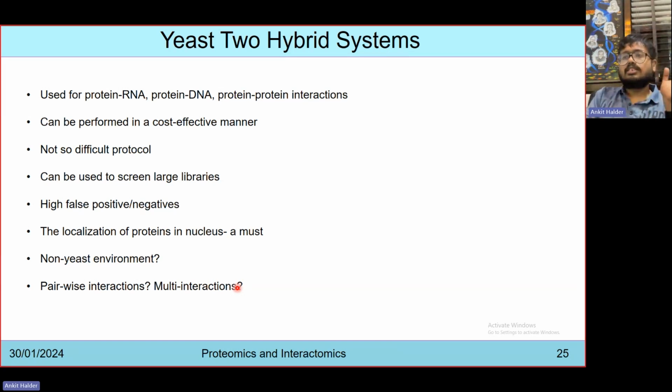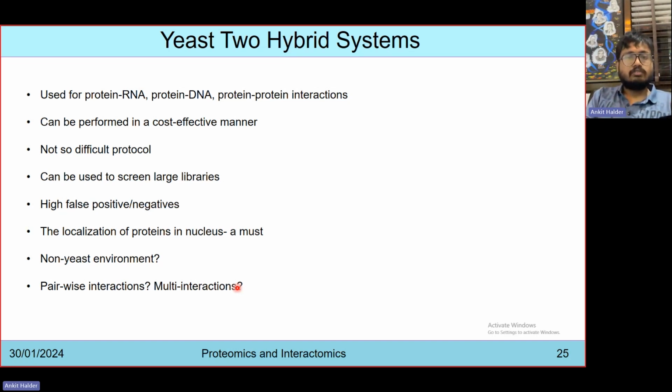This can be used for a variety of things, like protein-RNA, protein-DNA, and protein-protein interactions, and it can be performed in a quite cost-effective manner without a very difficult protocol, and can be used with large libraries. But the problem is that localization of the proteins in the nucleus is a must.